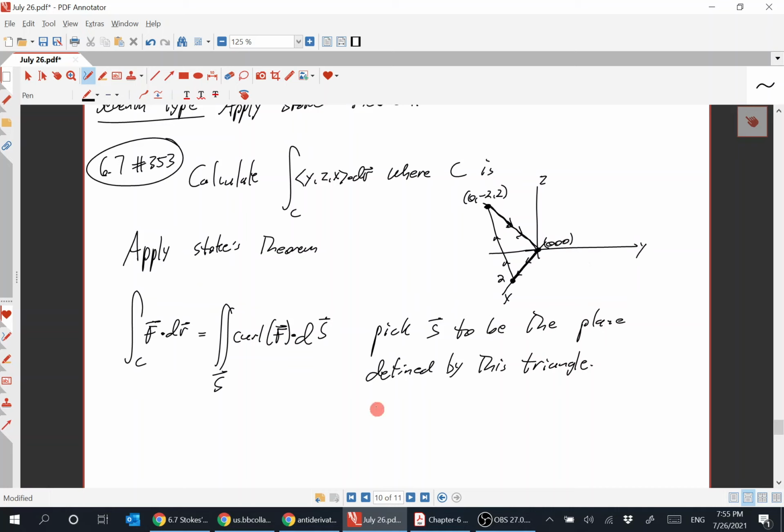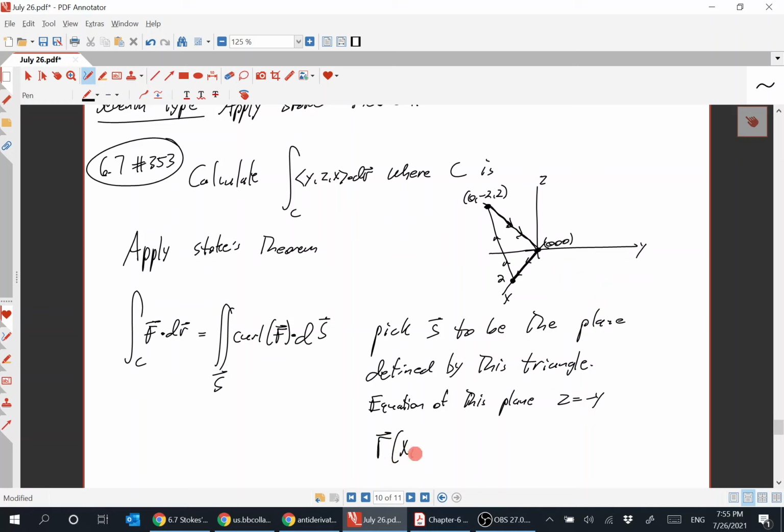Right? So the equation of the plane is z equals minus y. x doesn't appear in the equation there. That's the line z equals minus y right there, and it's just extended in the x direction. That's the plane. But what's the domain?